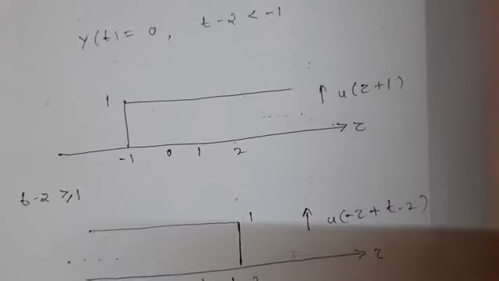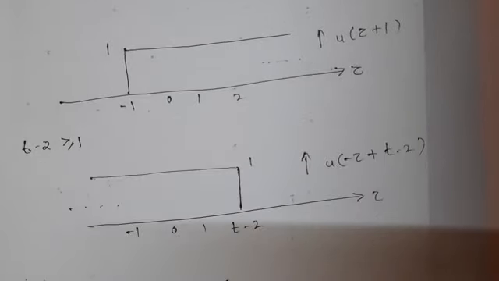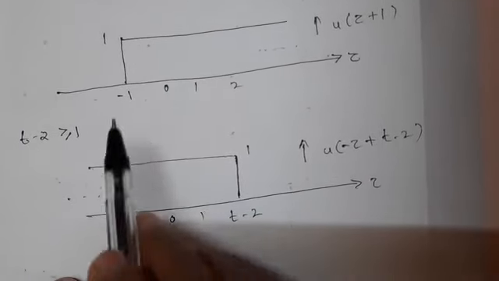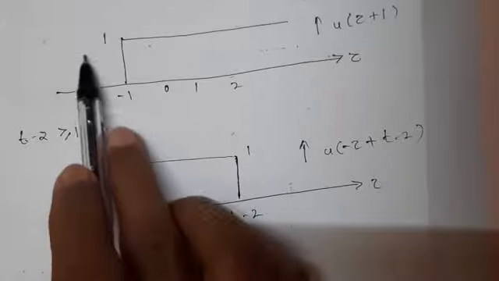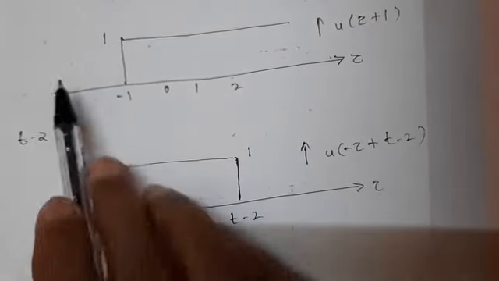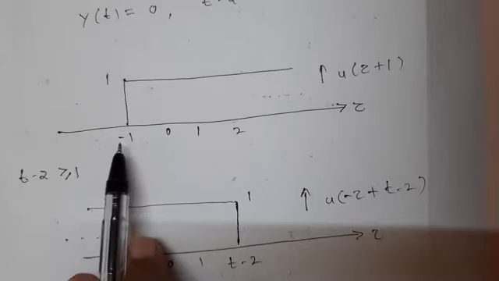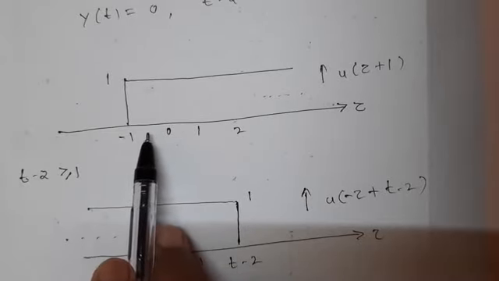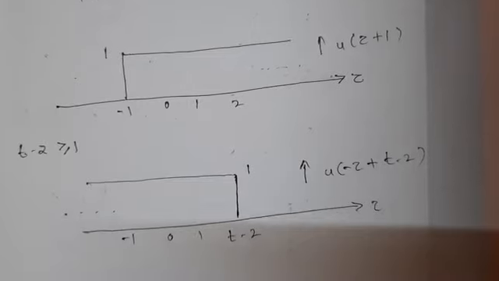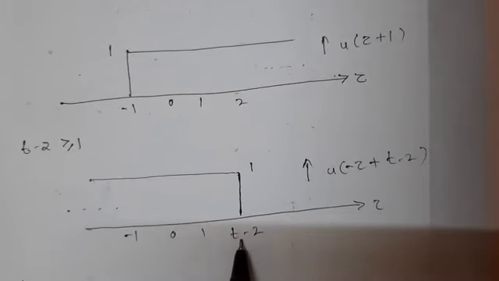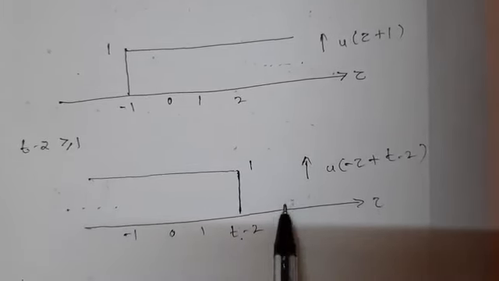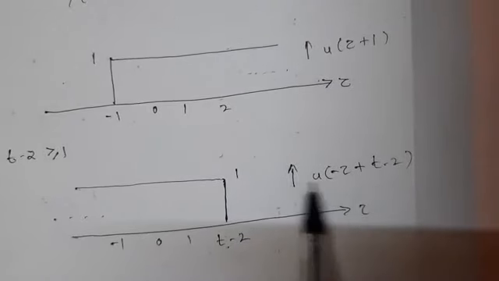Is it fine? So now, what is your overlapping region? Before minus 1 I don't have any samples, so if you multiply, it will obviously be 0. Anything which you multiply counts from minus 1. And where does it stop? At t minus 2. Why? Because after t minus 2, for this signal I will not have any samples.